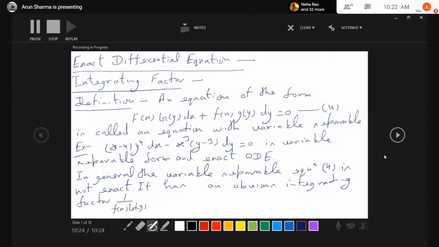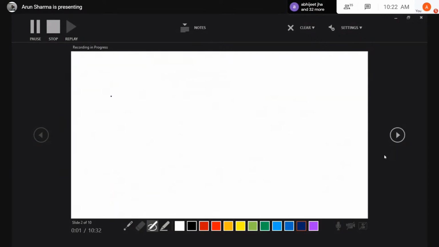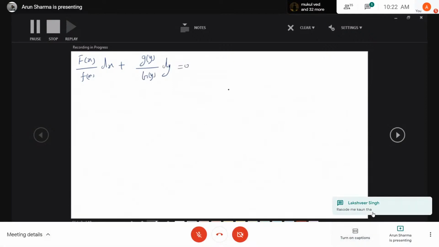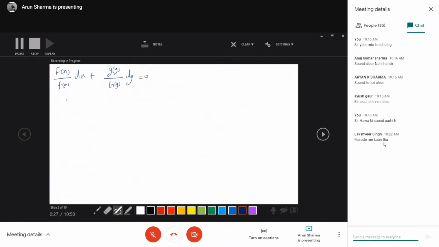So what is the meaning of 1 upon f(x)g(y)? If you multiply this equation 4 by this factor, what will you get? You will get f(x) upon f(x) dx plus g(y) upon g(y) dy equals to 0. So you see this equation is exact. Why is this exact?